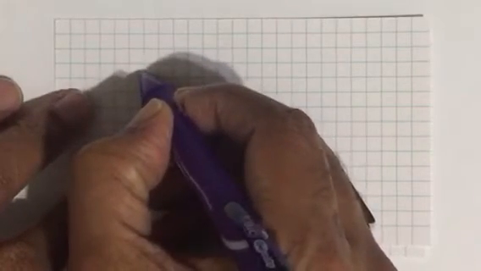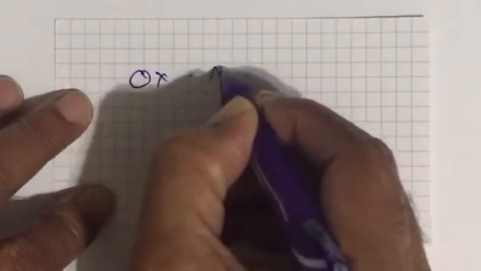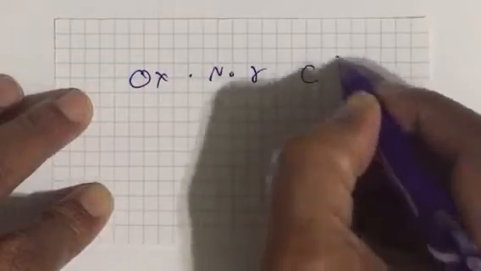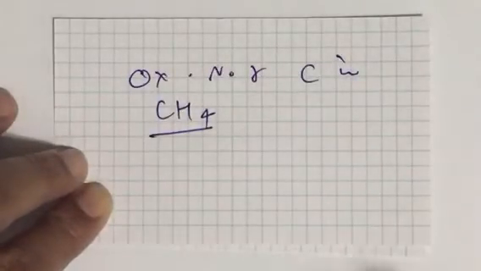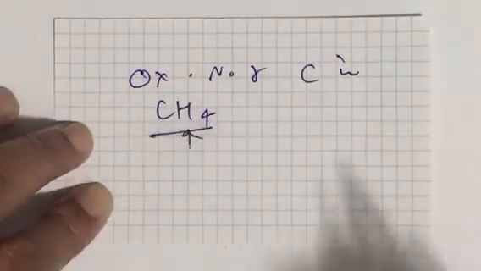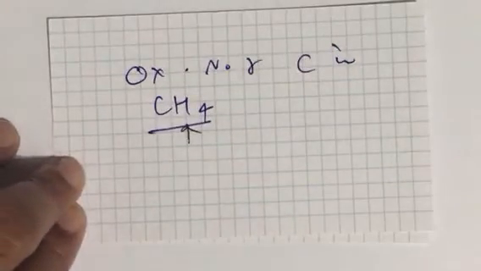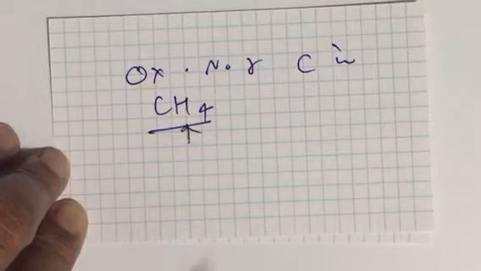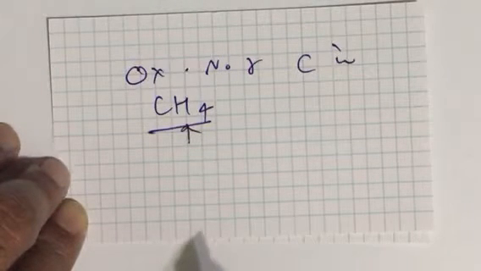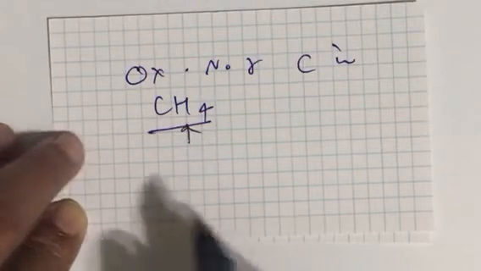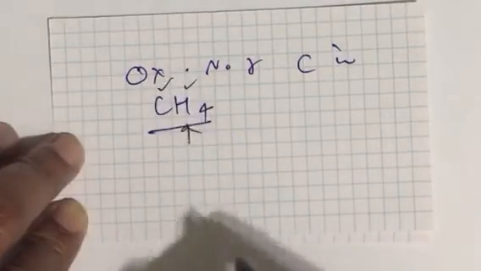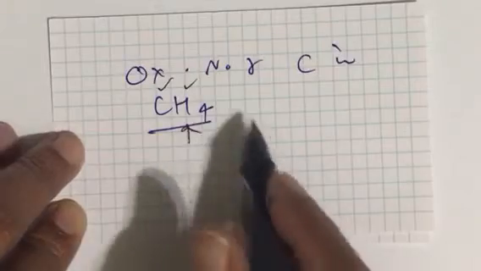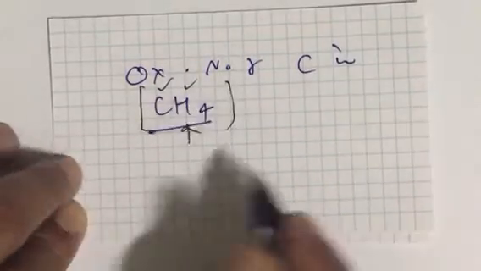For example, we can find what is the oxidation number of carbon in methane. Your rule of the game is whenever hydrogen is bonded to any other element except the 1A, 2A metals, it is +1. You should know that. Sum of the oxidation numbers of carbon and hydrogen put together is always 0 because it is a neutral compound.